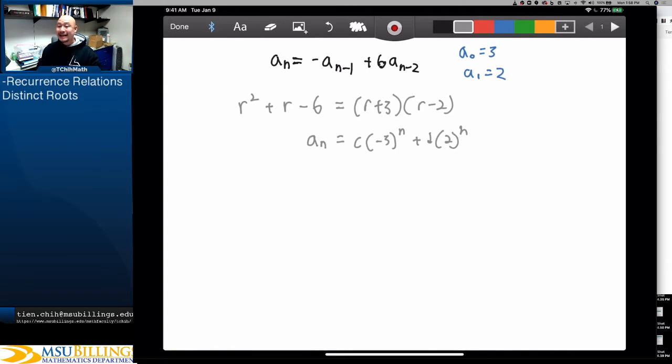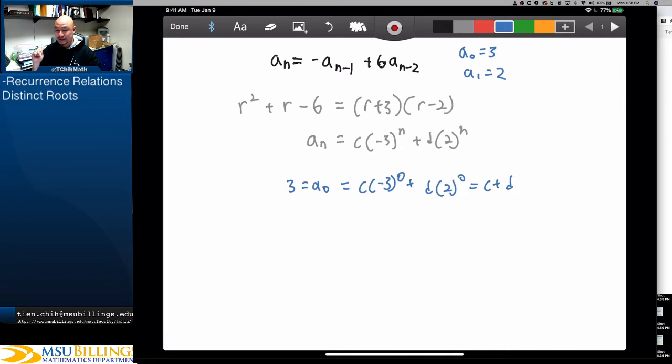Now, what they might not satisfy are my initial conditions, that a sub 0 is 3 and a sub 1 is 2. So if we want to account for that, we should note that a sub 0, which is 3, is also c times minus 3 to the 0 plus d times 2 to the 0, which is c plus d.